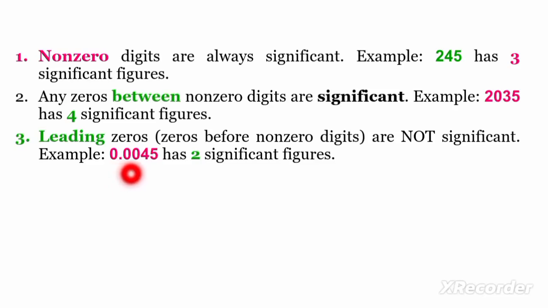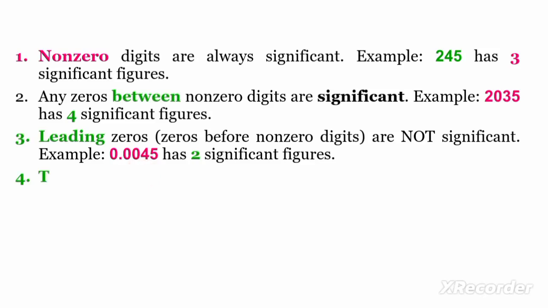So these zeros, the zeros leading the non-zero digits, are not counted. So therefore, this number has two significant figures.